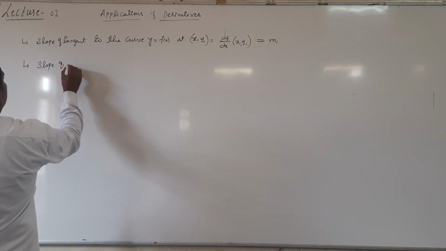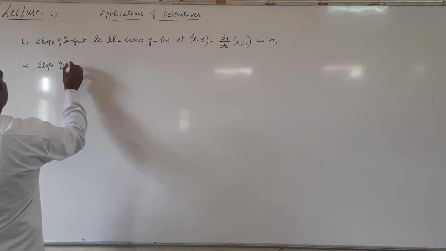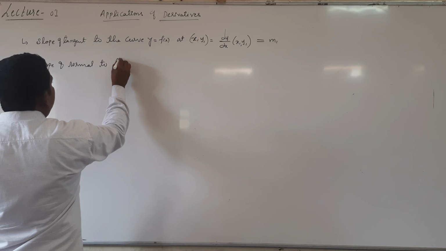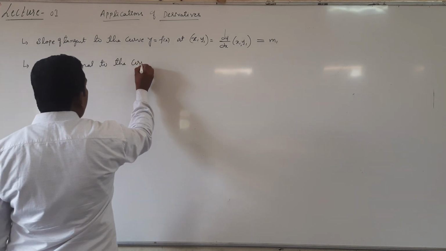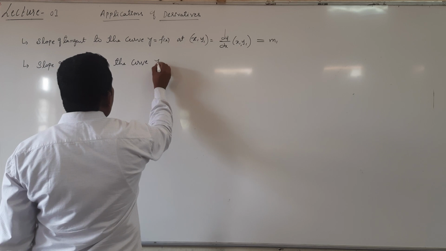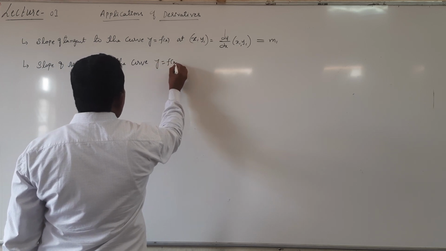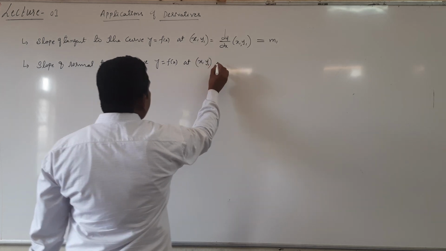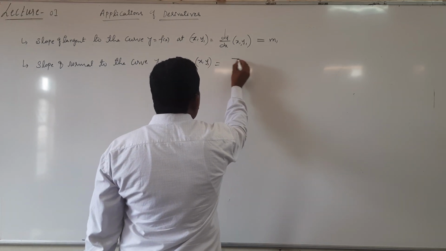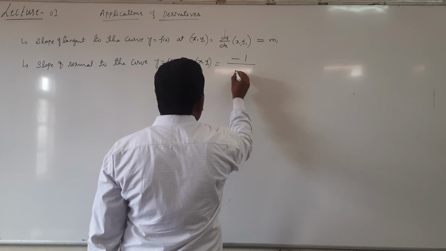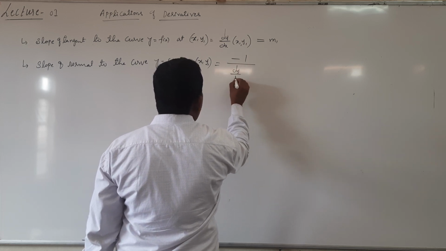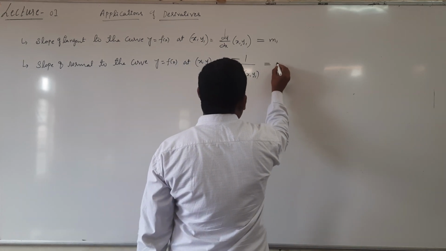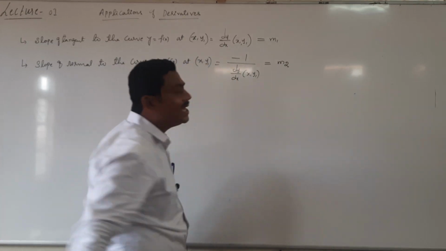Slope of the normal to the curve y equal to f of x at x1, y1 is equal to minus 1 divided by dy by dx at x1, y1. And now onwards I will denote the slope of the normal as m2.